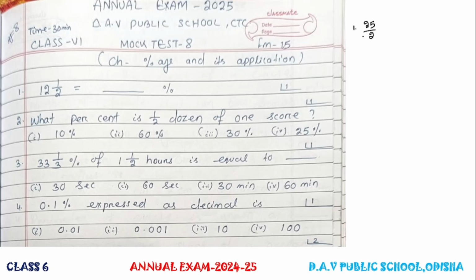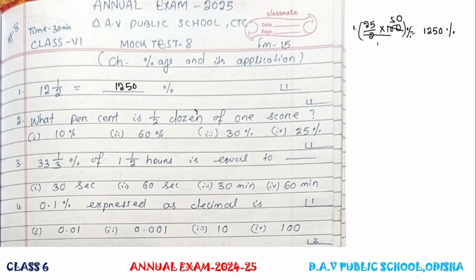When you convert into percentage, we multiply by 100. Now 2 cancels, that is 50, 25 times 50 is 1250 percentage. Clear? So the answer is 1250 percentage.